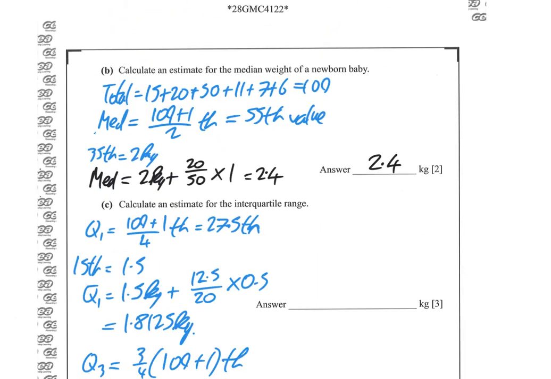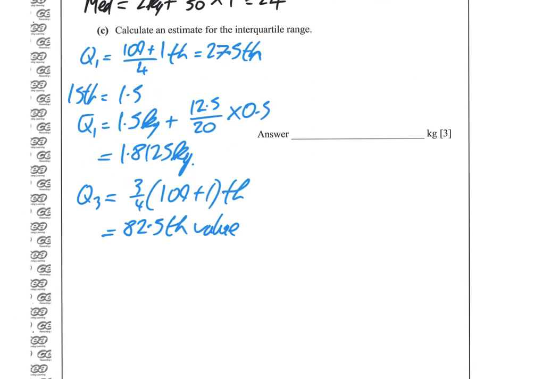If we go back here and have a look, we know first of all that our 35th value was equal to 2. So that means our Q3, which is our 82nd and a half value, starts from the 2. You've got to get from the 35th value up to the 82nd and a half value.